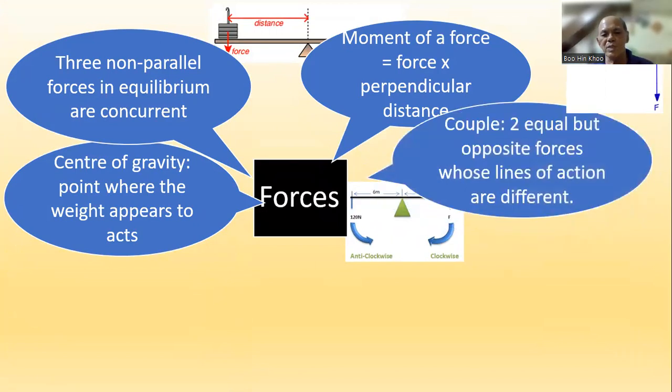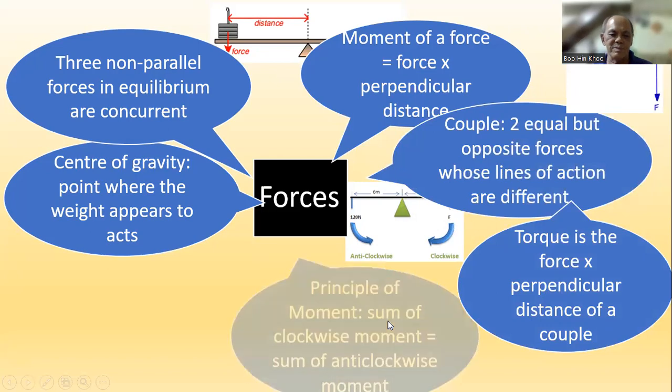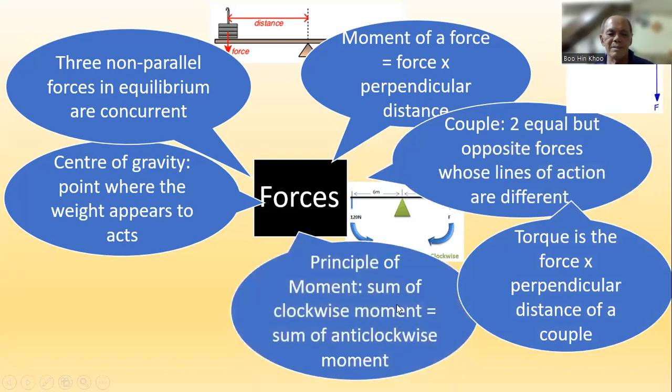Couple: two equal but opposite forces whose lines of action are different. For a couple, torque is just the force times the perpendicular distance between the two forces. Then the principle of moments: sum of clockwise moment equals sum of anti-clockwise moment about any point.